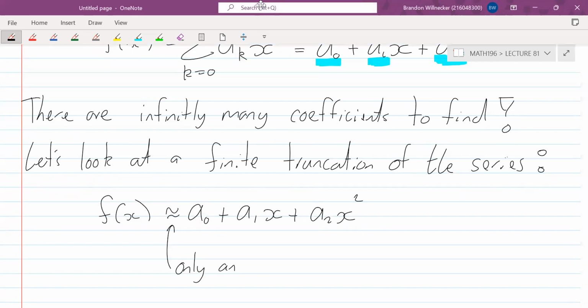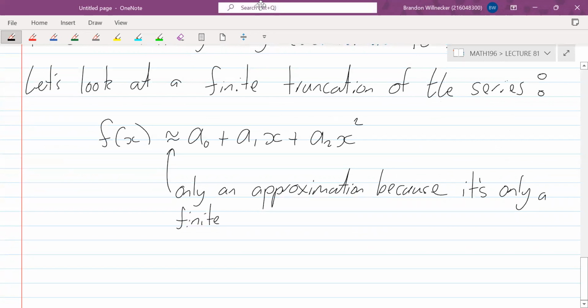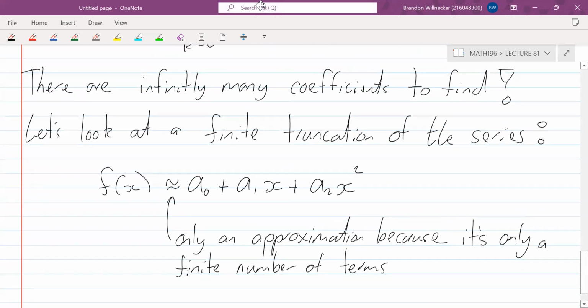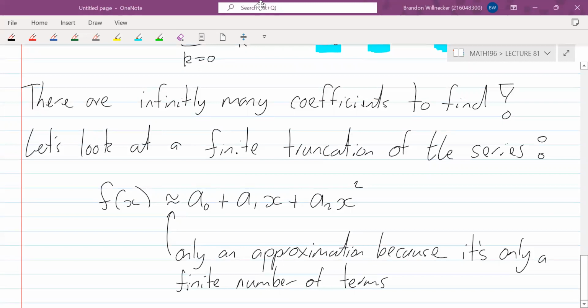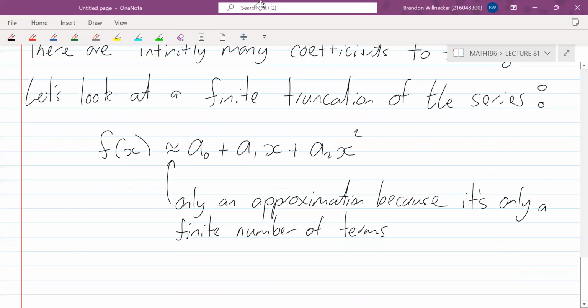So it's only an approximation because it's only a finite number of terms. Of course it's not going to be exactly the function because we're supposed to have infinitely many terms. If we only take a few of them, then it's going to be an approximation to the function.